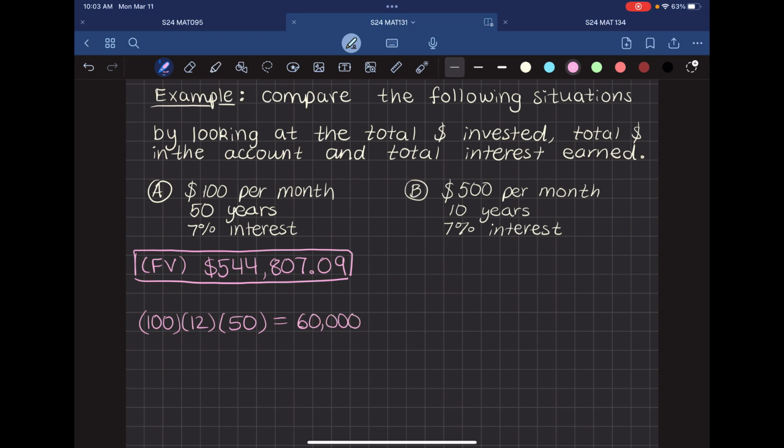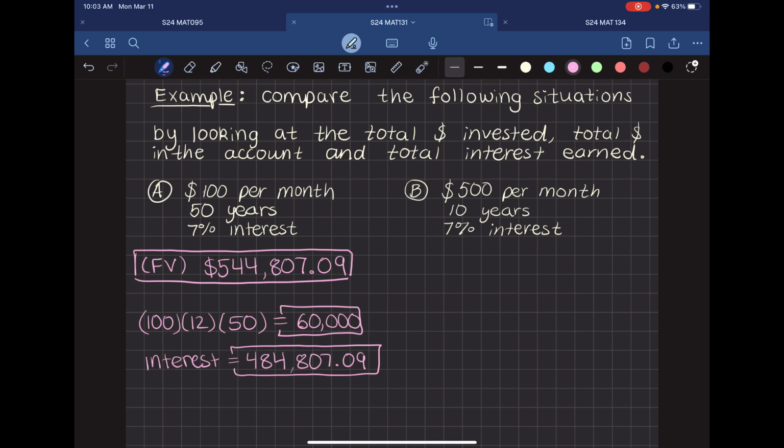And then when we look at the interest that we ended up earning, we would take the future value, or the amount that's in the account at the end, and subtract off the $60,000. And we would get that we earned $484,807.09. So that's how much we ended up earning in interest in situation A.